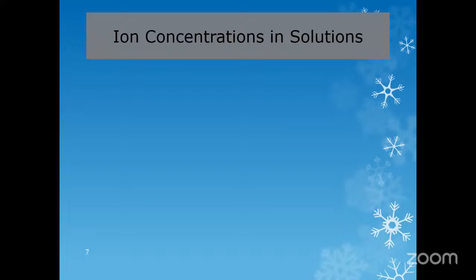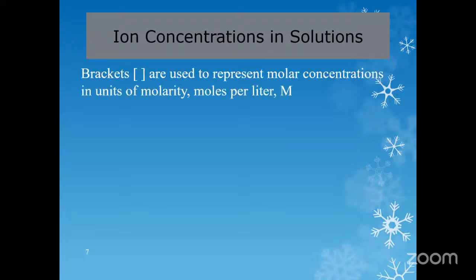So let's talk about ion concentrations in solution. This symbolism here will become important not only in Chem 1, but also in Chem 2. In fact, it's probably more important in Chem 2. These square brackets, whenever you see them, mean the concentration of whatever is within the square brackets.